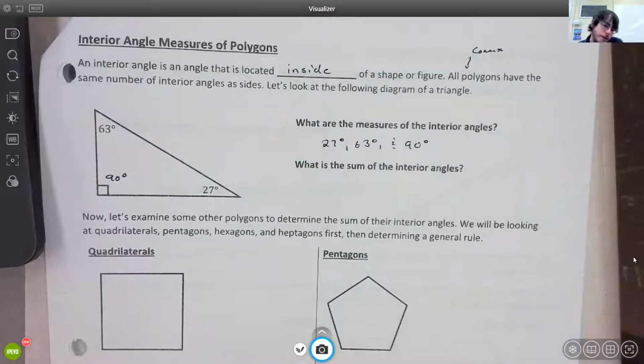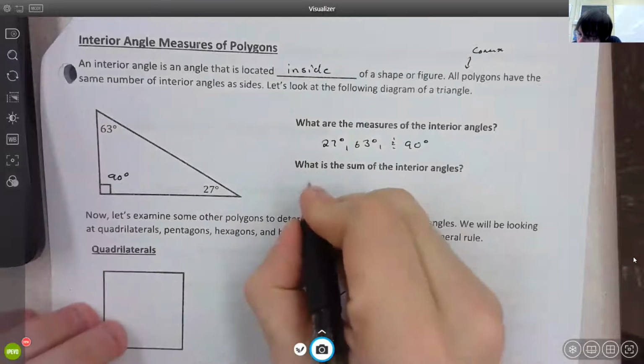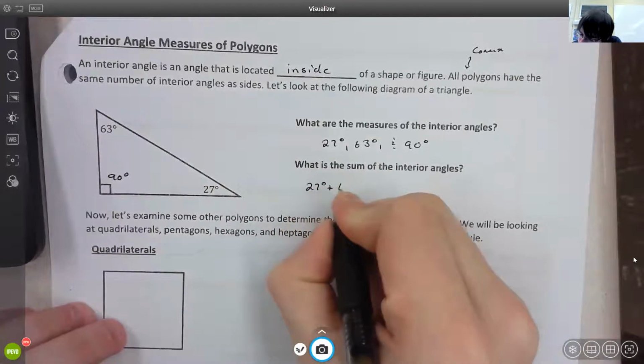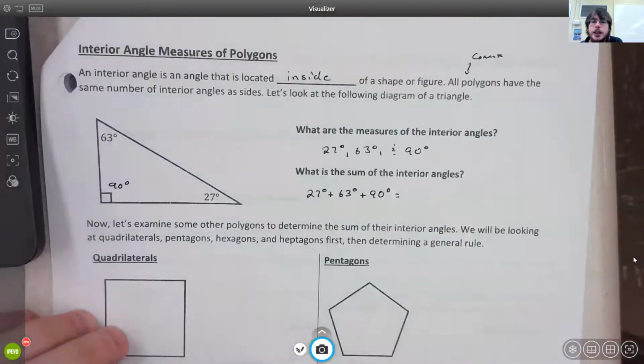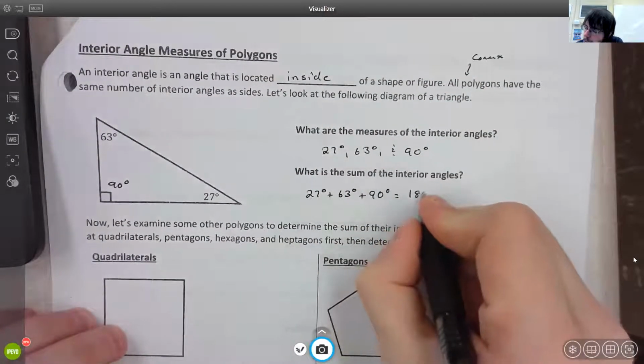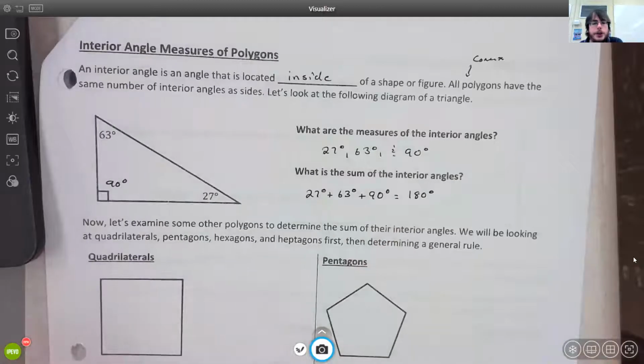Now here, we want to know what the sum of the interior angles is. Of course, the sum means we're going to add all of the interior angles up. So if we take 27 degrees, add 63 degrees, and then add 90 degrees, you should see that you get 180 degrees for your sum.